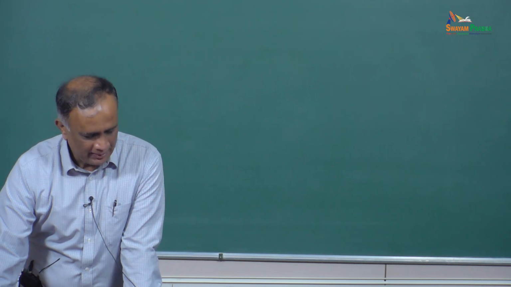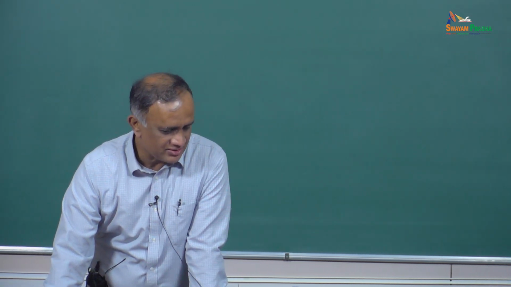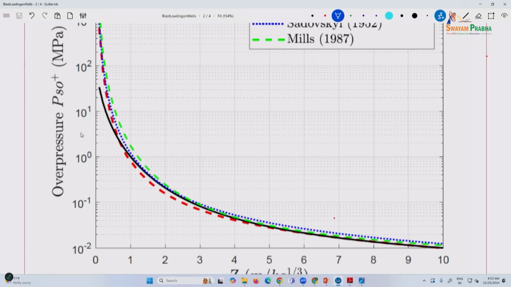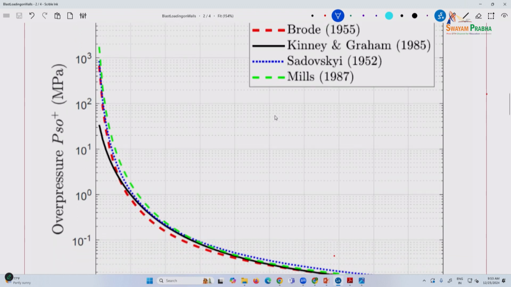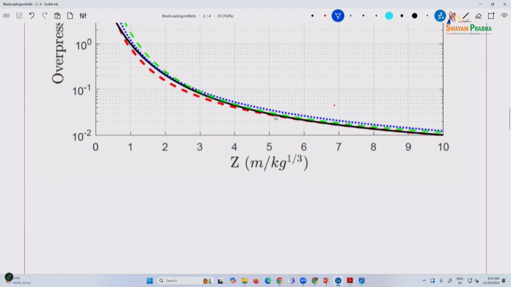You see the comparisons, in log scale, from Z 0 to 10, and they sort of overlap each other with minor changes. And this is what you see in the UFC figure 2-7 and figure 2-50. So that is a little background, and thanks to Kavi Arasu for putting this together.